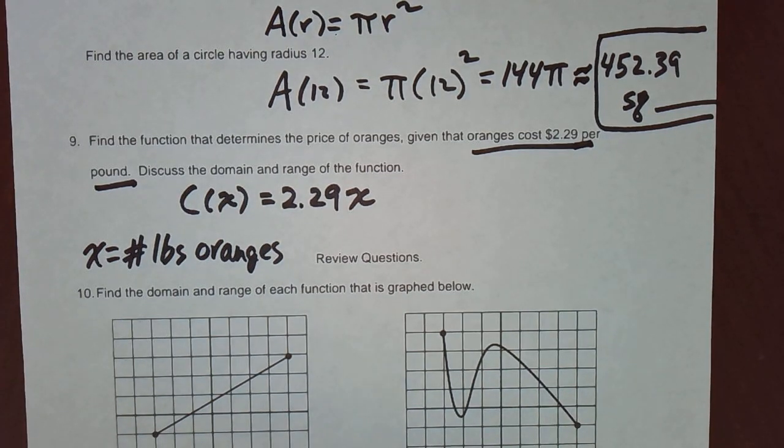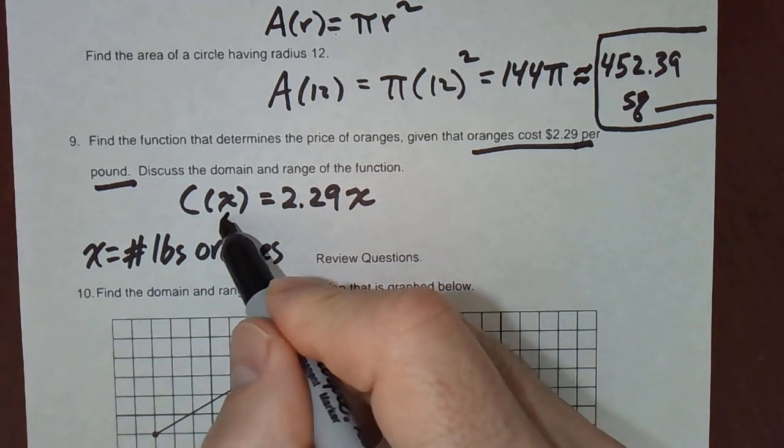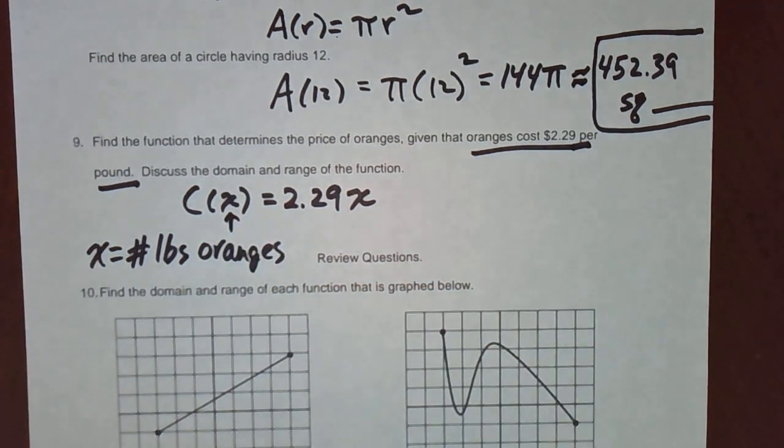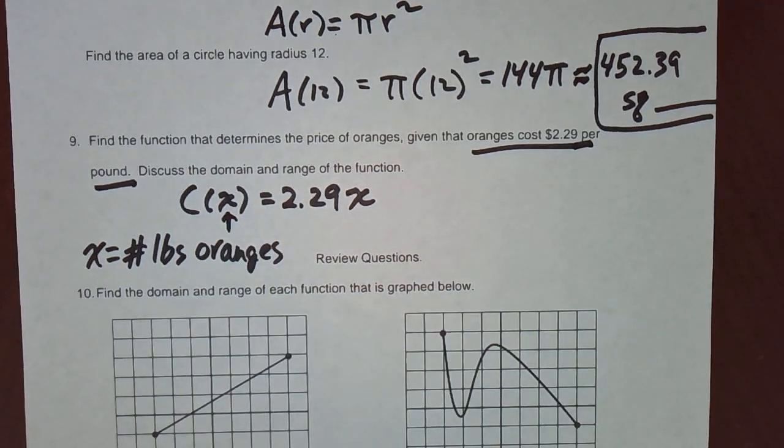Now we'll discuss the domain and range. The domain is all the possible values that you could plug in for the weight of the oranges. And I guess anything greater than 0 would be acceptable, even though there's probably no orange that's 0.0000 pounds, 0.1 pounds, something like that.